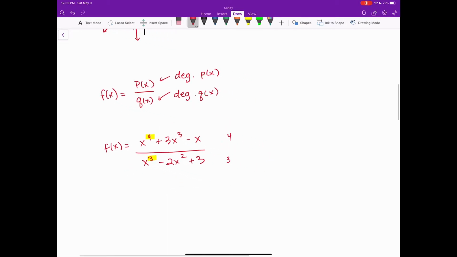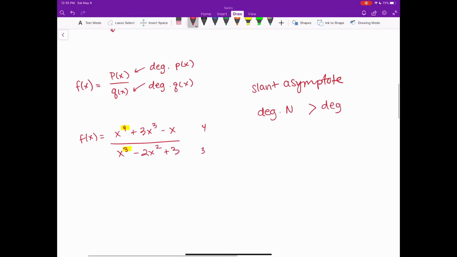So the rule is that you will have a slant asymptote if the degree of the numerator is greater than the degree of the polynomial in the denominator, all right? So here, since I have a degree of 4 on top and a degree of 3 on the bottom, well, yes, indeed, 4 is greater than 3.